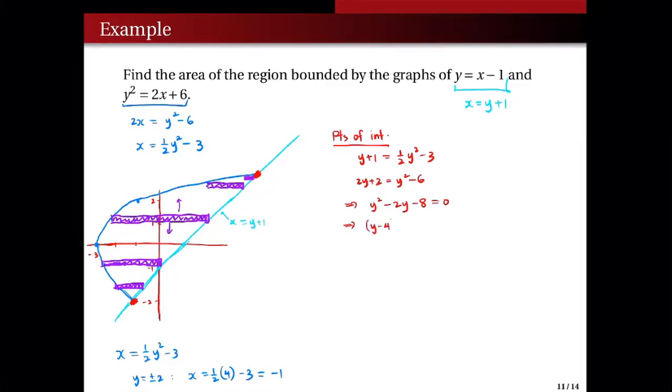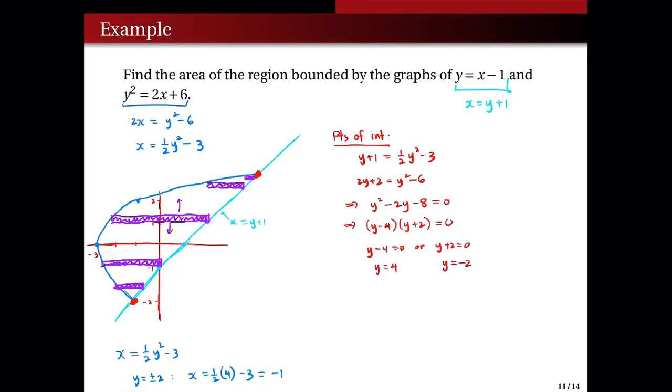This is factored into y minus 4, y plus 2, which means y minus 4 equals 0 and y plus 2 equals 0. So you have y equals 4 and y equals negative 2.